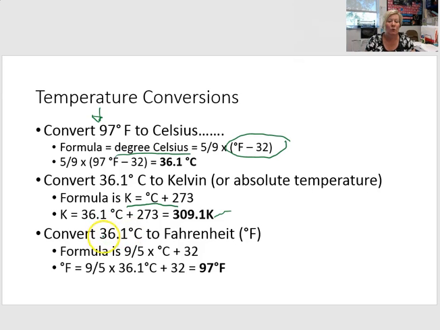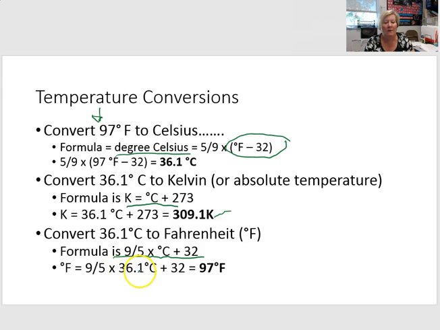Now let's do one converting Celsius into Fahrenheit. Okay, so I'm giving you that 36.1 degrees Celsius and we want to convert that into Fahrenheit. So the formula is 9/5, 9 divided by 5, multiplied by your degrees Celsius, plus 32.